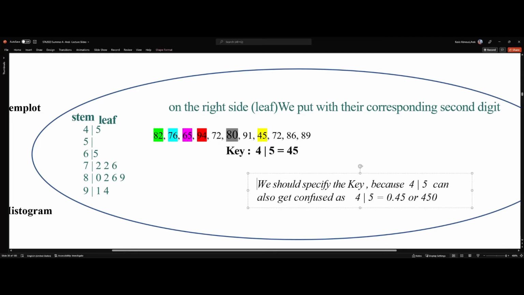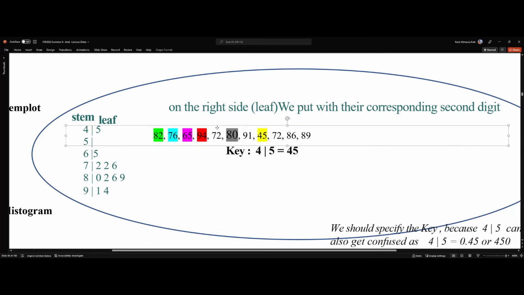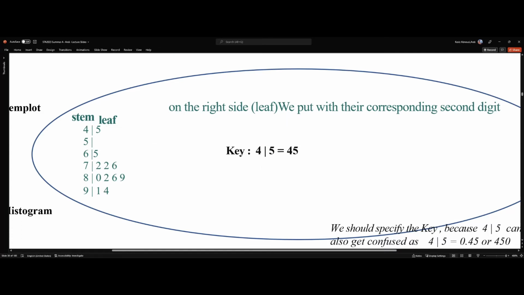Someone could mistake the stem of 4 and the leaf of 5 and confuse it with 0.5 or 450. So to be complete, the answer has to contain the key as well. So this is the answer. What's this?